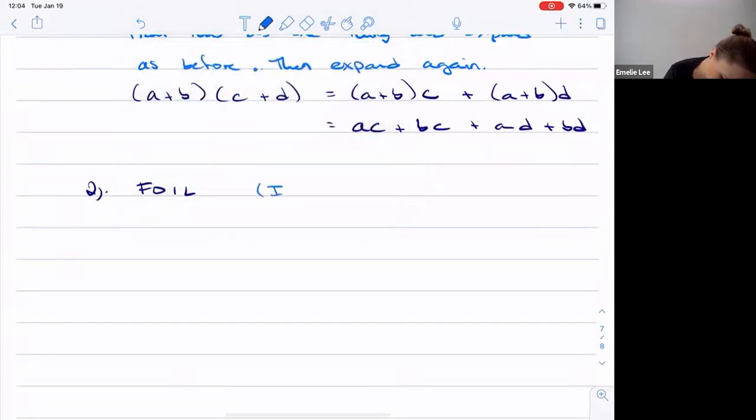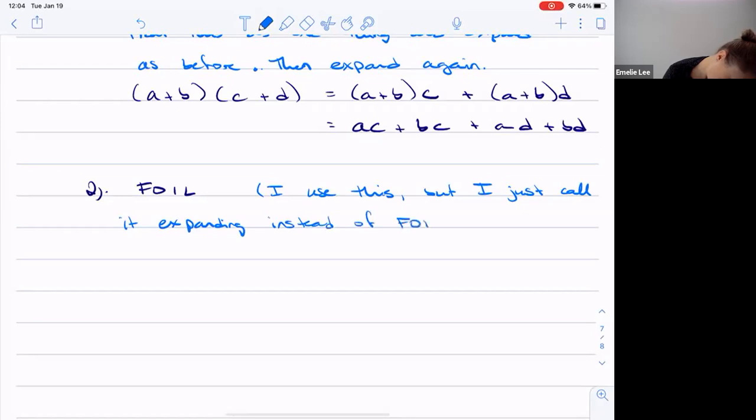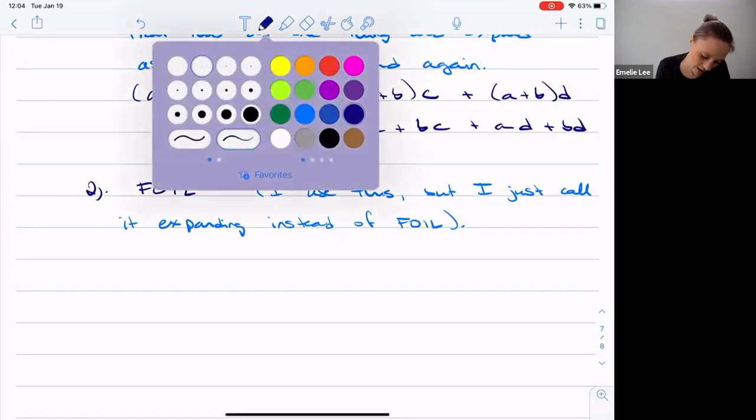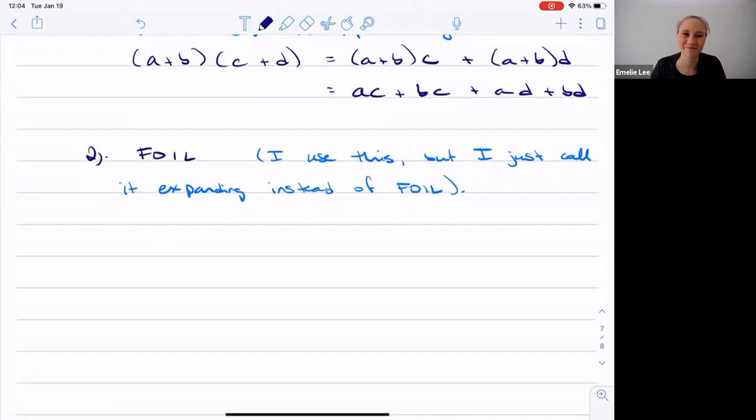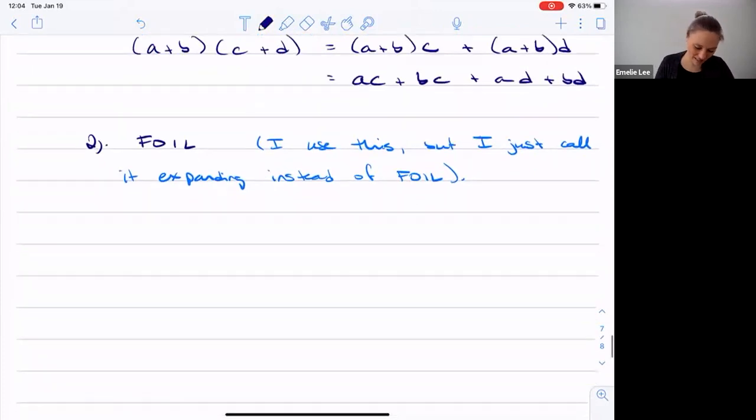I use this, but I just call it expanding instead of FOIL. But now that I've said that, I'll probably end up calling it foiling. But it doesn't matter. FOIL is just supposed to help you. So first, outside, inside, last. It doesn't really make sense to me. Never has, never will. Because I'm dead set on it, I guess.